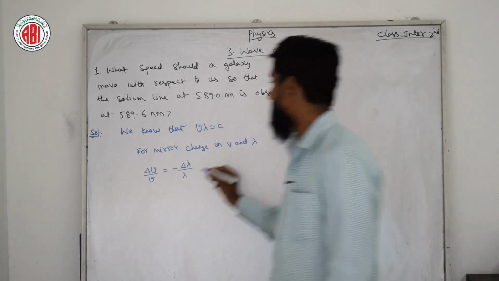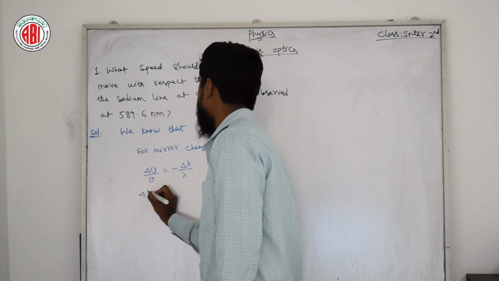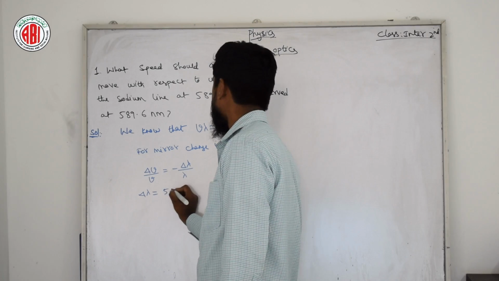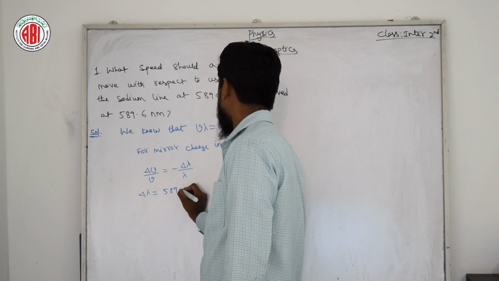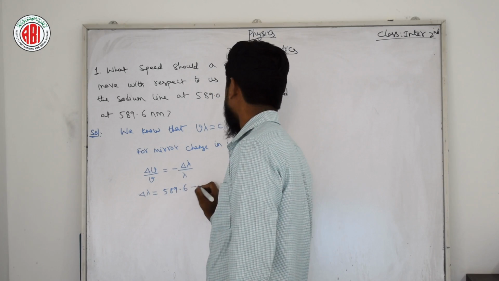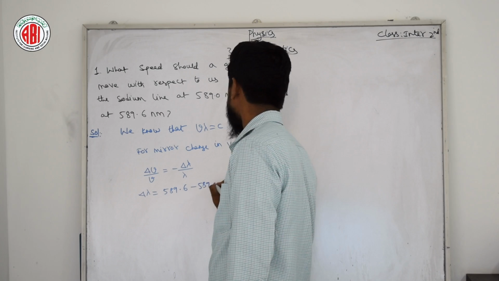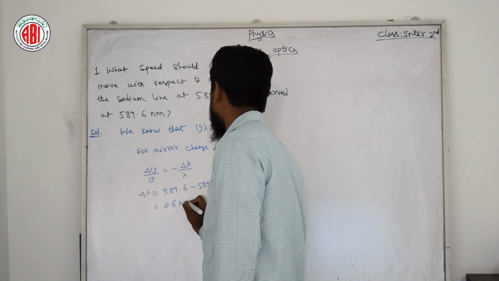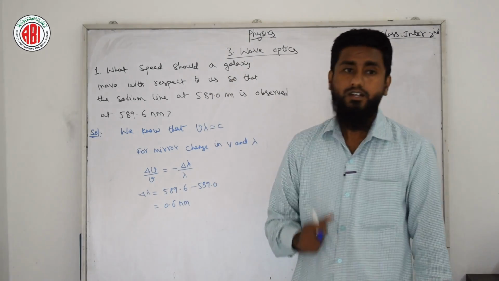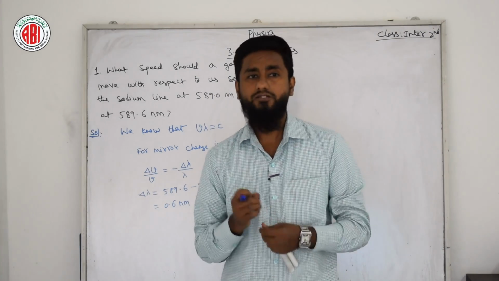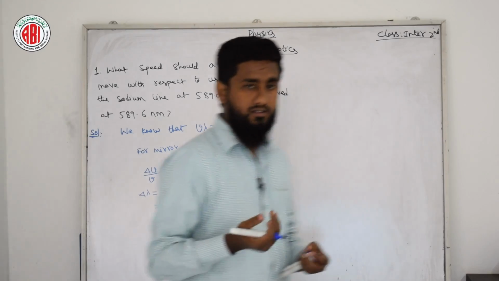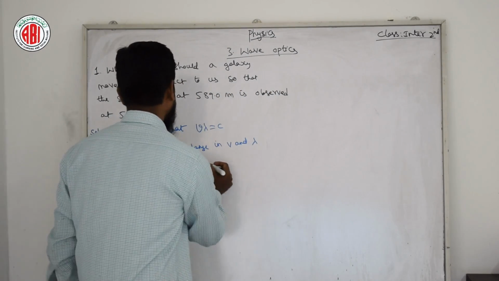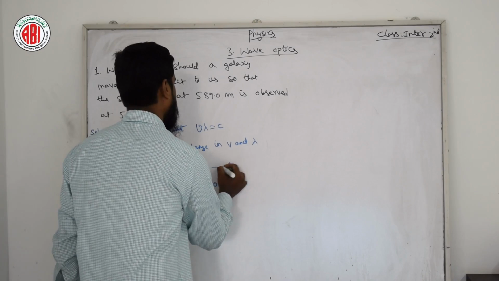So what is Δλ here? That is the change in wavelength. Here the change in wavelength is 589.6 minus 589.0, which is equal to 0.6 nm, nanometer, we need to write. I am giving this as equation number 1.